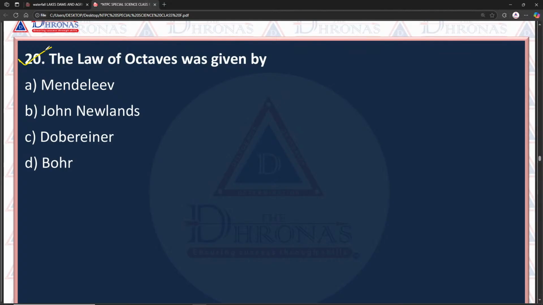Option A, Mendeleev. Option B, John Newland. Option C, Dobereiner. And option D, Bohr.